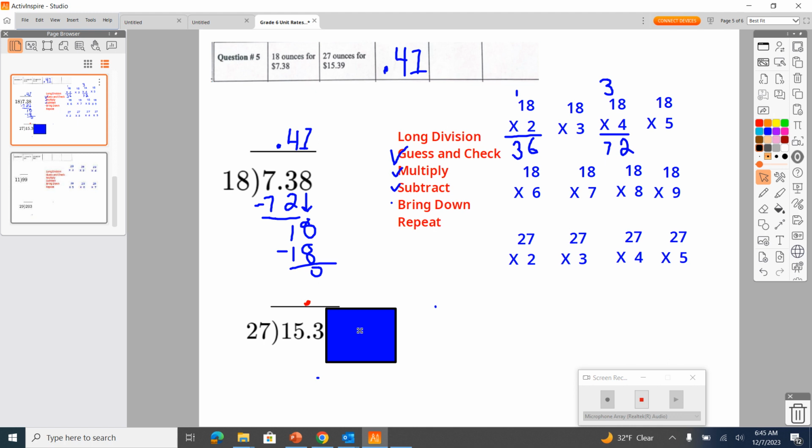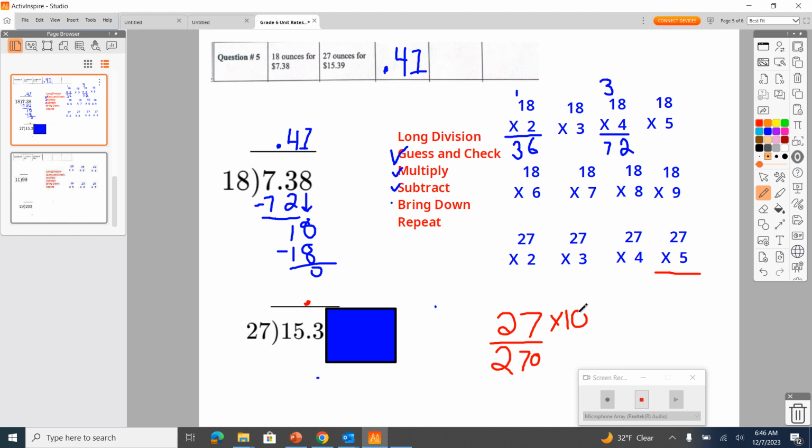And I need to guess and check to figure out what. I'm going to go ahead, as you see, I've made some of these. I'm going to go ahead and guess 27 times 5. And I did that because 27 times 10 would be 270. I guess I should explain 27 times 10 would be 270.